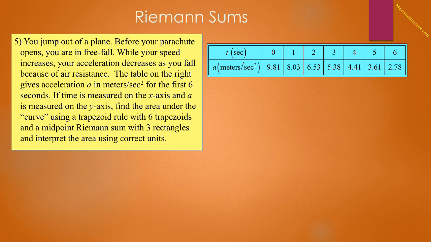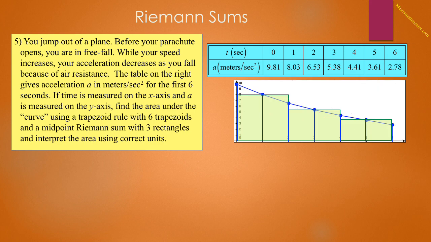If time is measured on the x-axis and A is measured on the y-axis, find the area under the curve using a trapezoidal rule with 6 trapezoids and a midpoint Riemann sum with 3 rectangles, and interpret the area using correct units. Although not necessary, we plot the points and show the 6 trapezoids as well as the 3 midpoint rectangles. It should be clear that the 3 midpoint rectangles will do a very good job in approximating the definite integral.